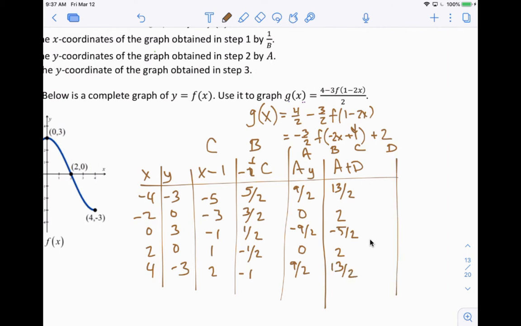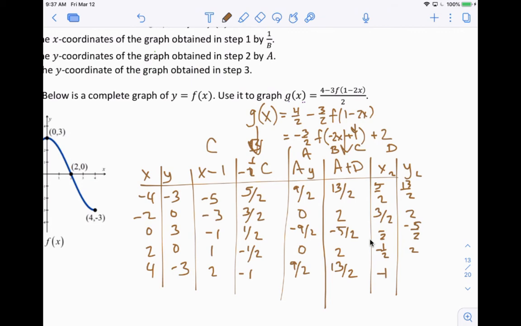And so our final x and y pair, we'll call them x2 and y2. We get 5/2, 13/2; 3/2, 2; 1/2, -5/2; -1/2, 2; and -1, 13/2. Sorry, I'm trying to get this column and this column.